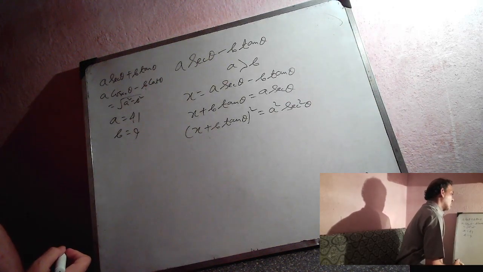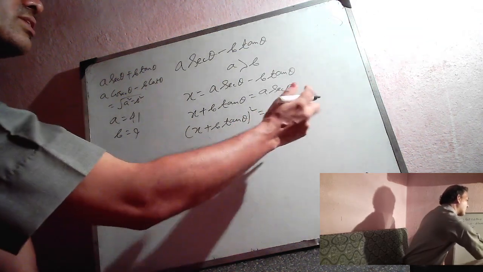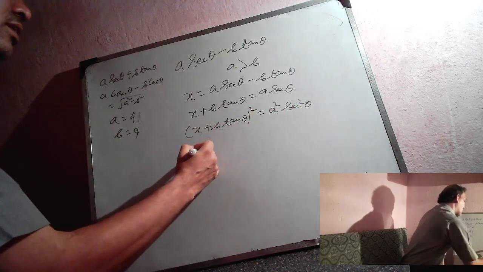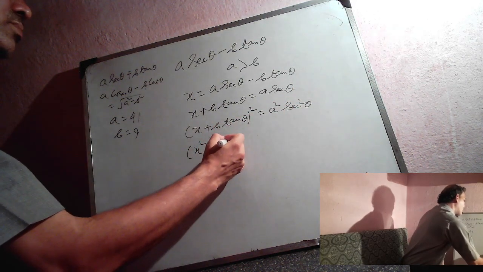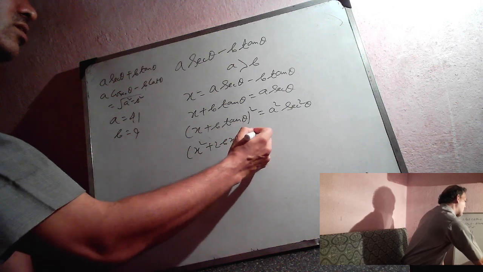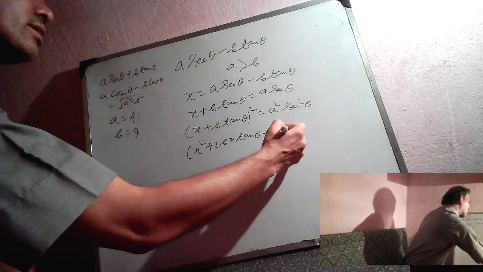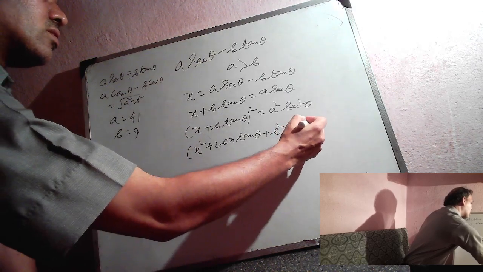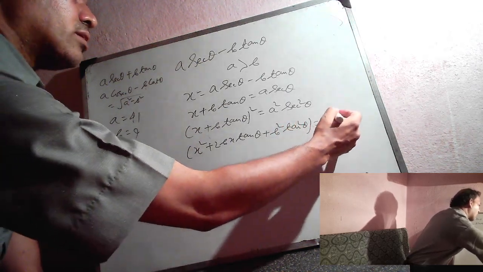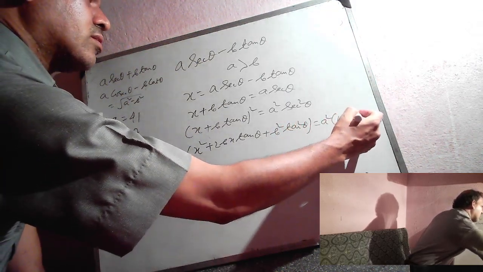Since sec square theta equals 1 plus tan square theta, we get x square plus 2bx tan theta plus b square tan square theta equals a square into 1 plus tan square theta.